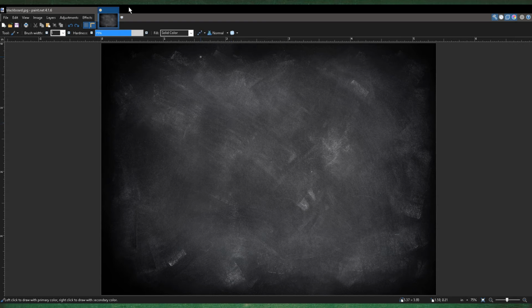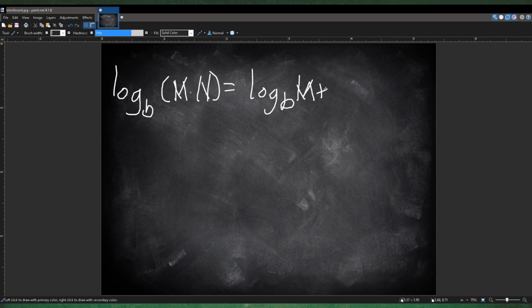Let's discuss the first property. Rule 1: if we have log b, sorry, that doesn't look like a b, log b of, in the parentheses, m times n, this is the same thing as saying log b of m plus log b of n.